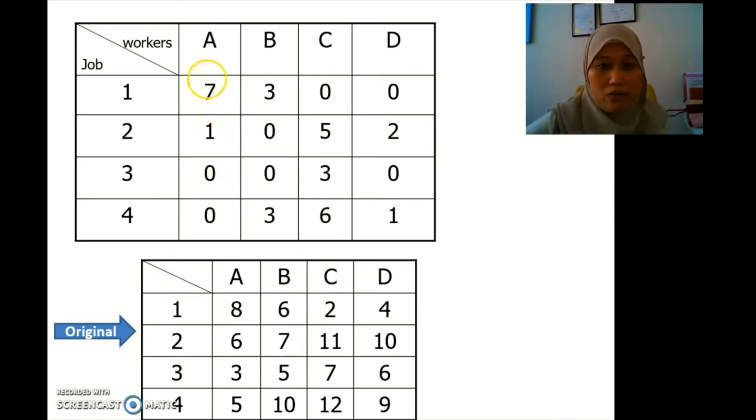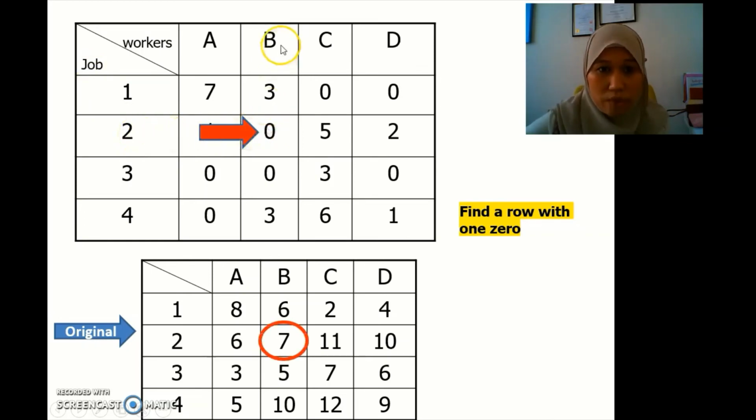Okay, so find a row with 1 zero. It's easier to start there. This first row has 2. Second row, second job number 2, we have only 1 zero. So we know that it is 2B, and then we read from the original table, 2B is 7.